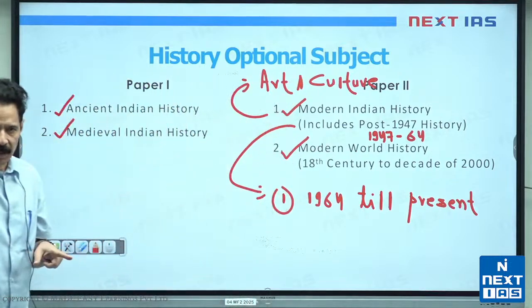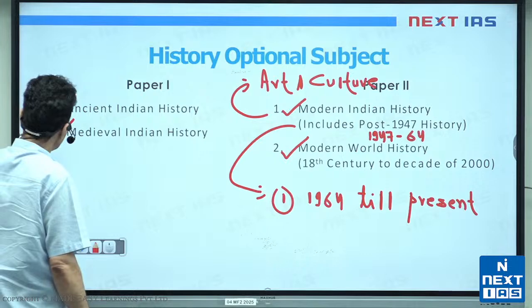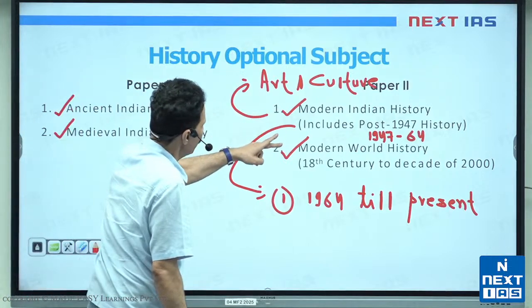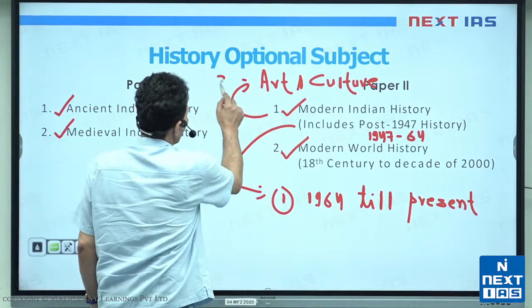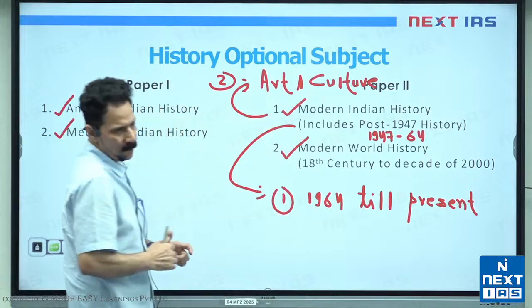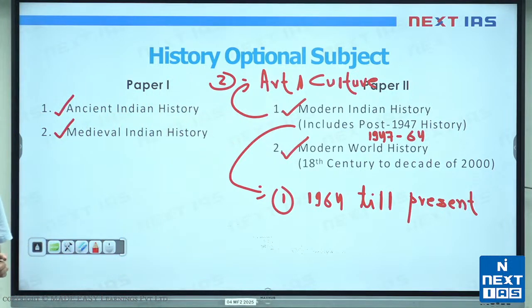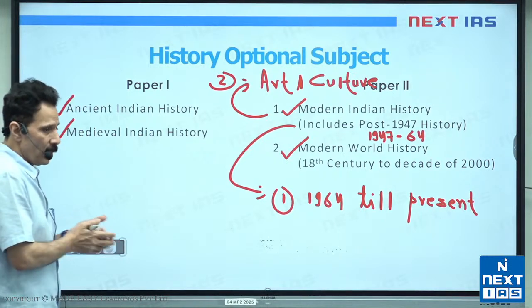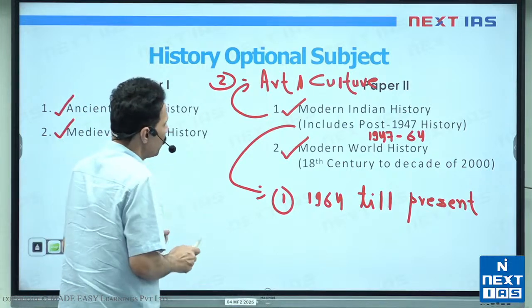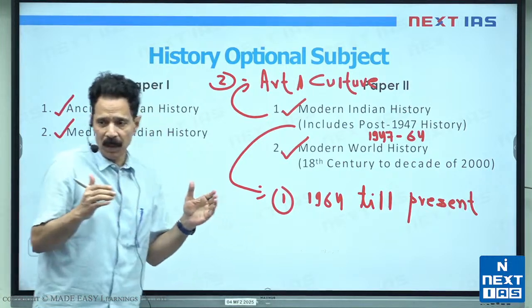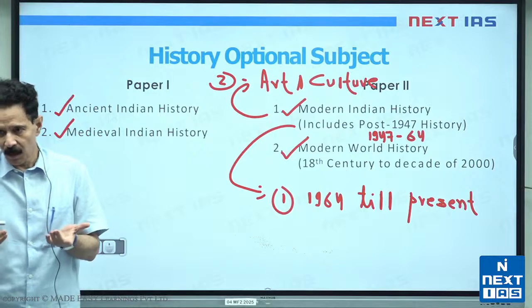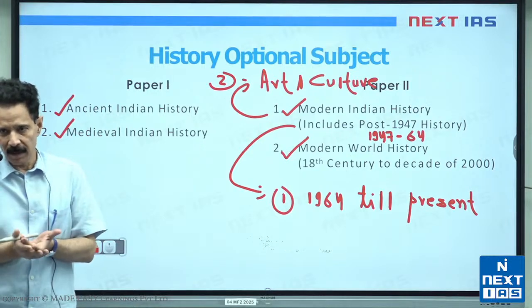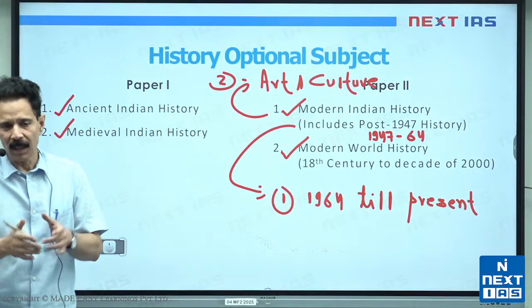Whereas in history optional subject, only 1, 2, 3, 4 are there. This 1 and 2 are absent in history optional subject. This means you have more history in GS. But many are not aware of this. So what I want to say here is that anyway you are preparing history optional subject without knowing that you are preparing it, without taking any notice of it.